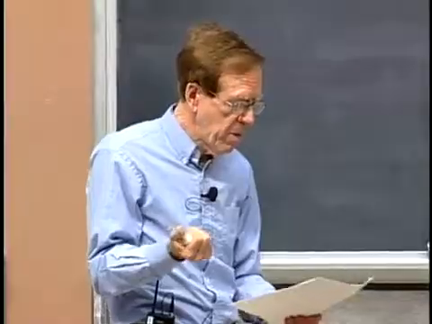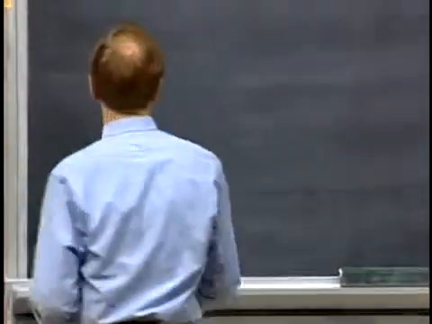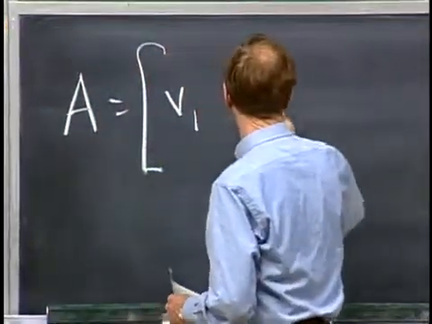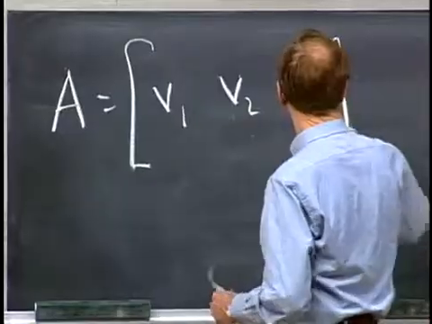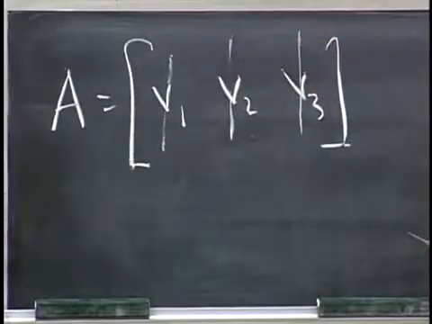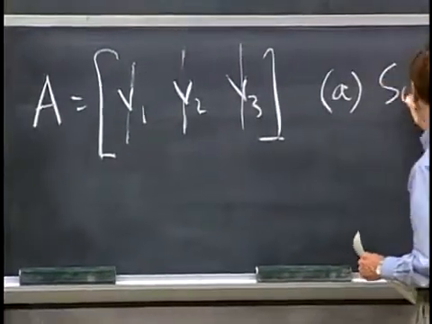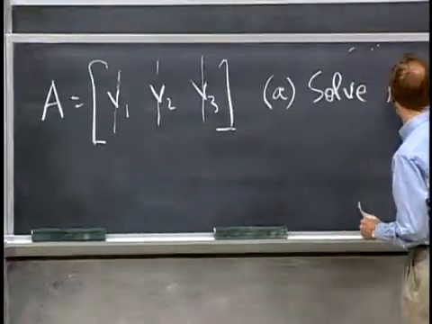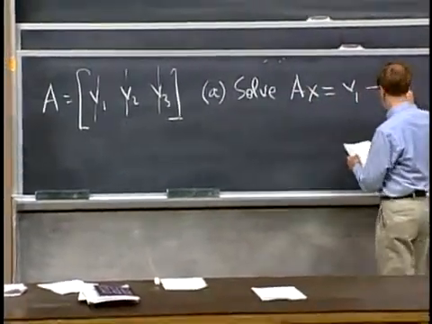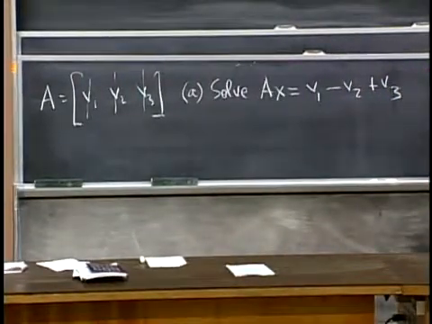Can I take another problem? Suppose the matrix A has 3 columns, v1, v2, v3. Those are the columns of the matrix. All right. Question A. Solve AX equals v1 minus v2 plus v3. Tell me what x is.